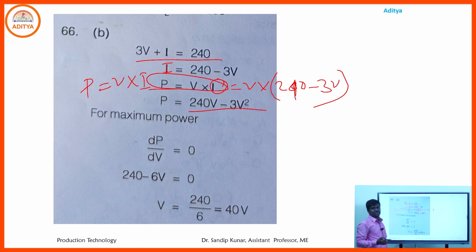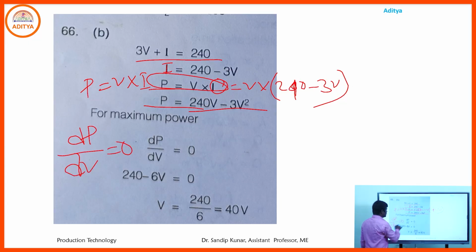For maximum power, we know the first order derivative, so across this equation we take dP by dV equals 0, with P equal to 240V minus 3V square.